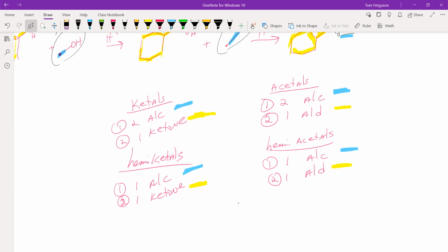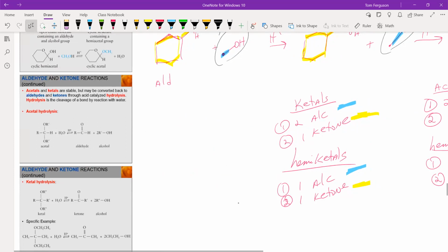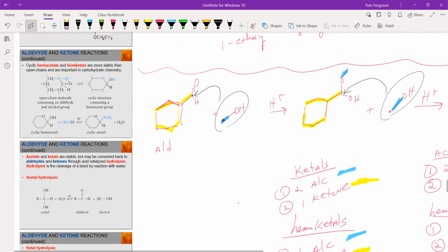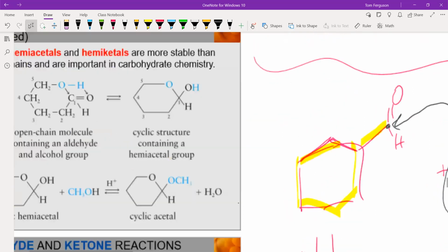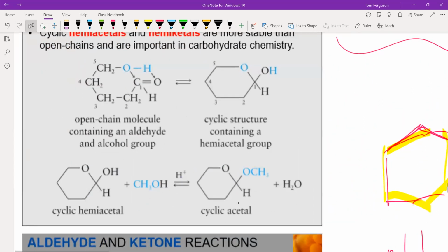Now, the wild thing is you can have the alcohol and the aldehyde on the same long molecule, where the tail whips around and exposes the alcohol end of that long molecule.